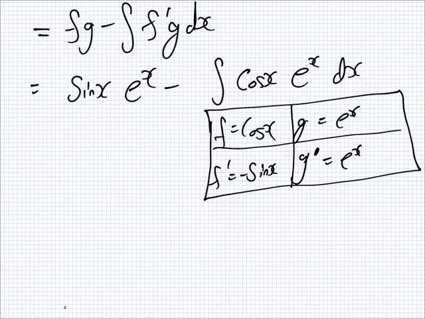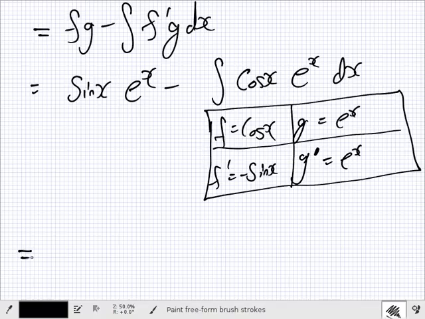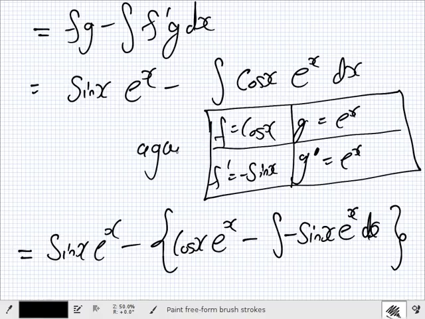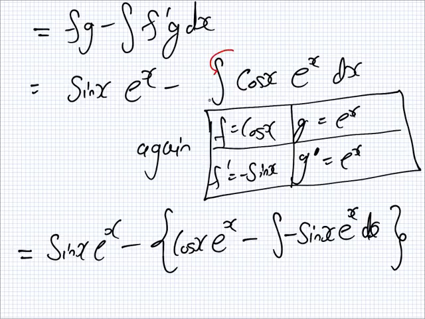So this equals sin x e^x minus, and we'll use the rule again, fg minus the integral of f derivative, which is minus sin x, and g again. So this is the rule again on the second part here.